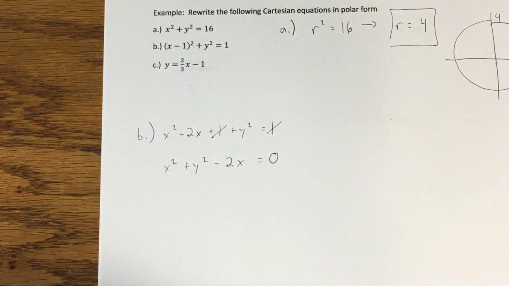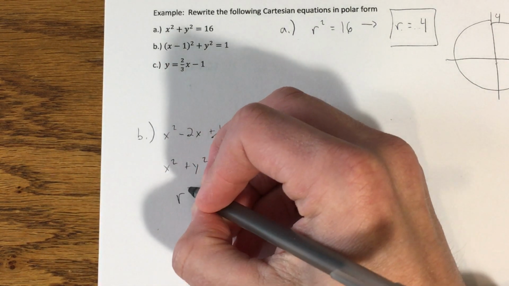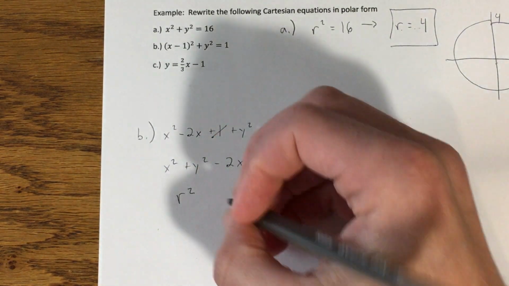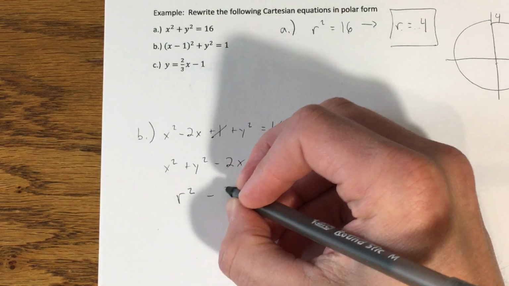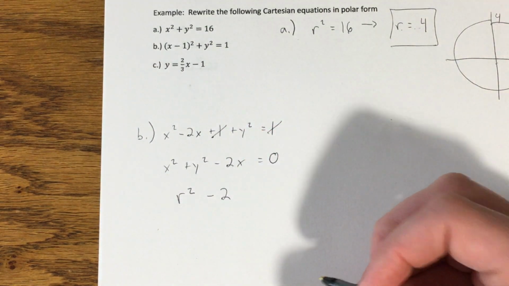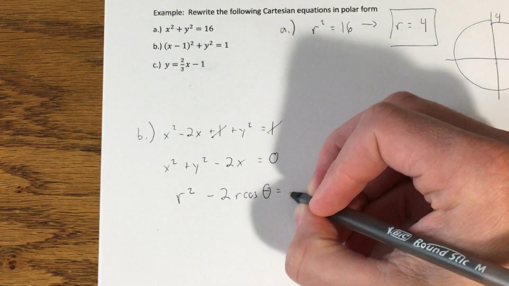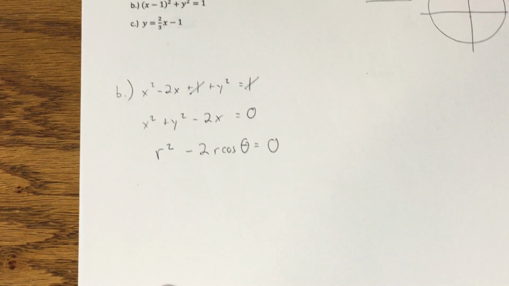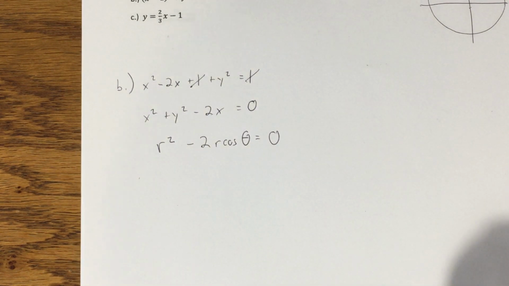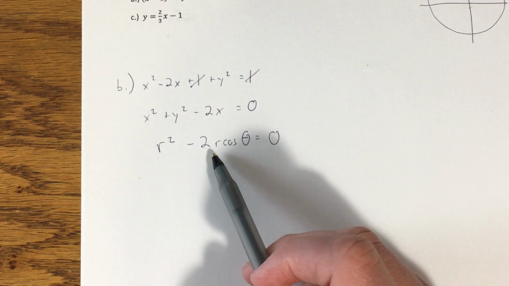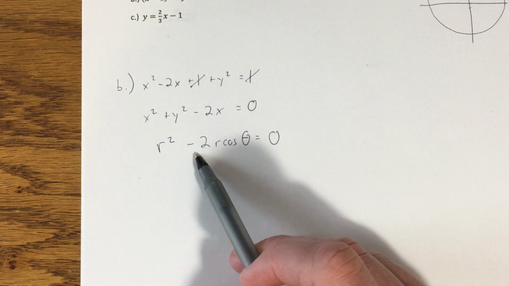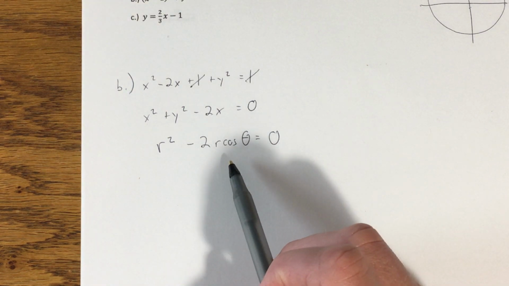Our x squared plus y squared can become an r squared, minus 2x. So remember x is r cosine of theta. Okay? That's equal to r cosine of theta. And again, if you remember, the goal is to represent this as a function of r if possible.